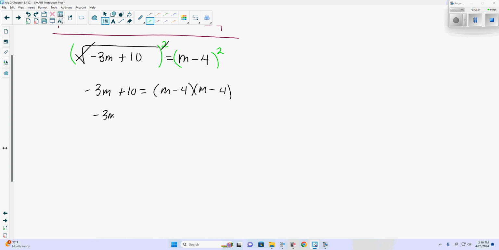So our 3m plus 10 is still 3m plus 10. We'll distribute: m times m is m squared. m times -4 is -4m. -4 times m is -4m. And lastly, -4 times -4 is +16.